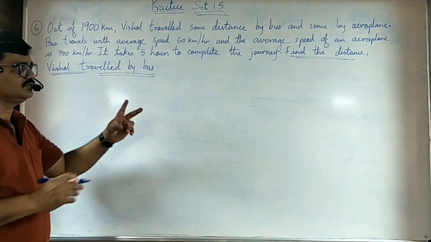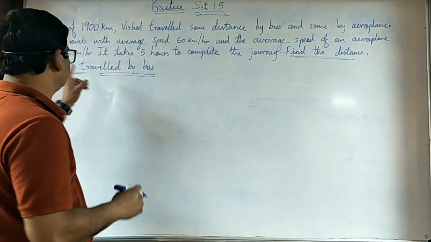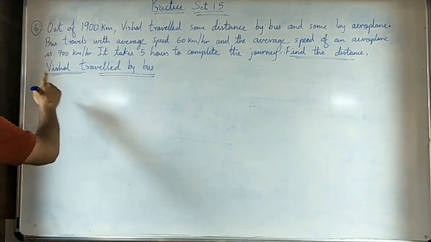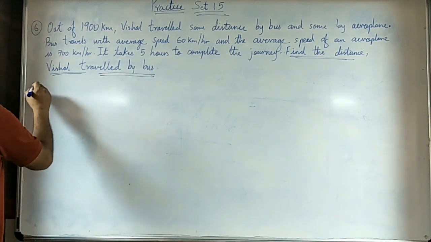Okay, so the first two statements we can write according to the last statement, which tells us to find the distance traveled by Vishal by bus. So first of all, I will write it over here.